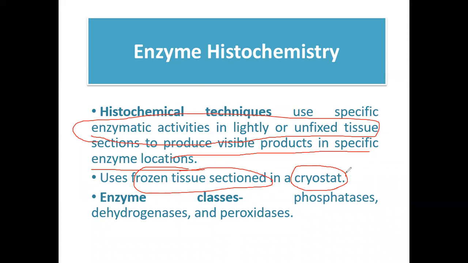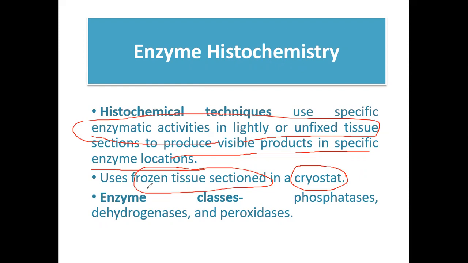Actually, the freezing microtome is the conventional counterpart of the cryostat. Okay? It's actually like your rotary microtome inside a refrigerator. It is inside a cold environment. Why? Because in frozen tissue section, we use fresh tissue. We do not fix it using our routine techniques where we immerse it for 24 hours, for example, in formalin.